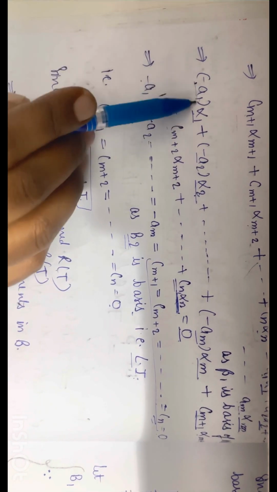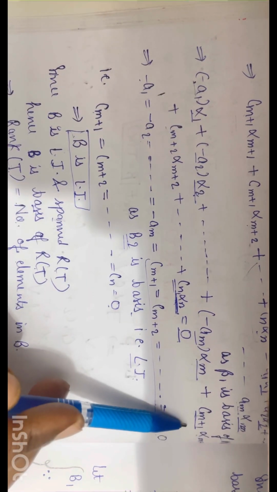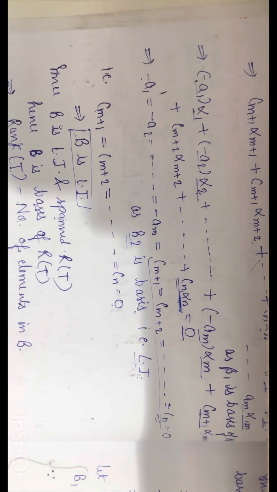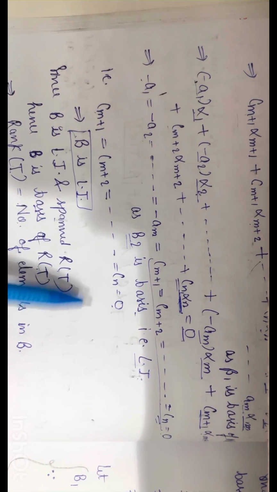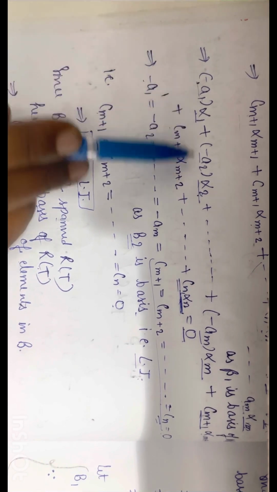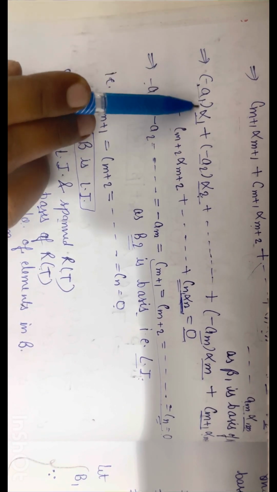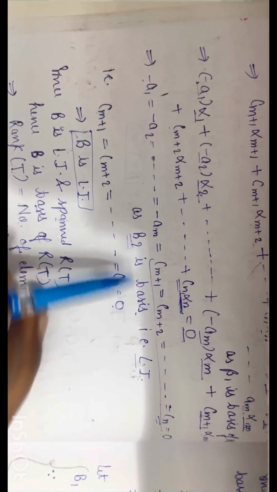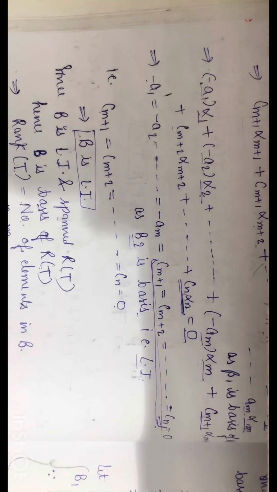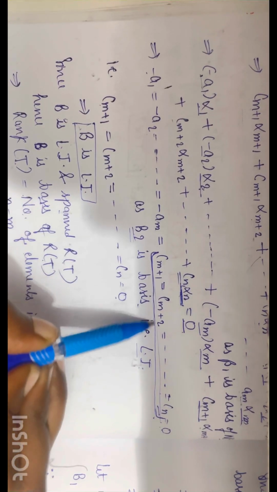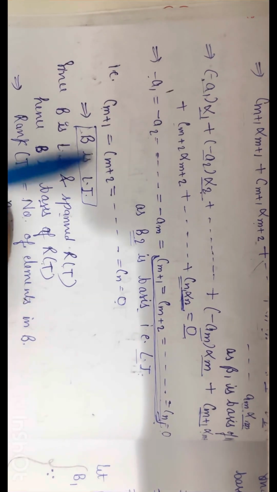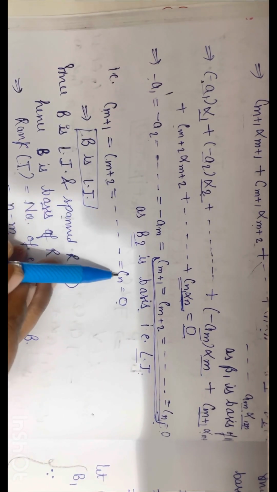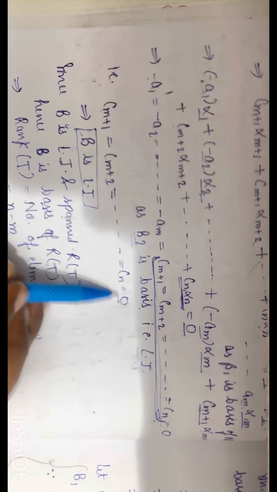It means that their scalars will be equal to 0 by the definition of linearly independent subset. So all these coefficients, or all these scalars belonging to field F, will be equal to 0. So these scalars will also be equal to 0. That means Cm plus 1, Cm plus 2 to Cn all will be 0.